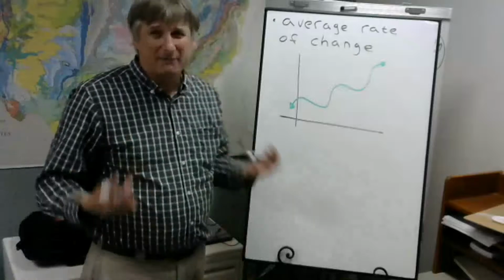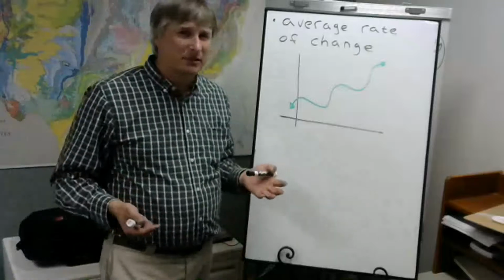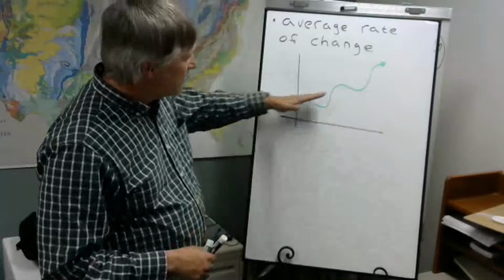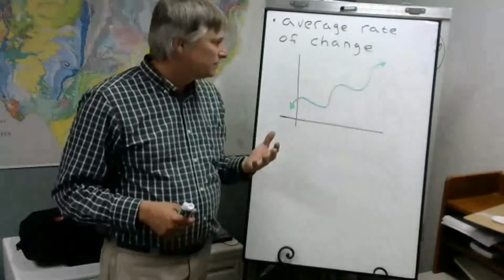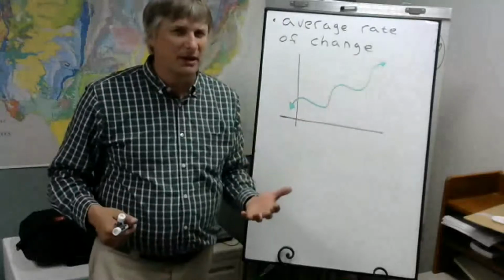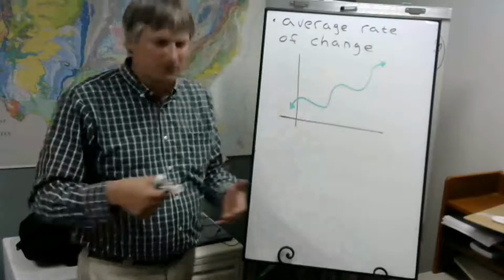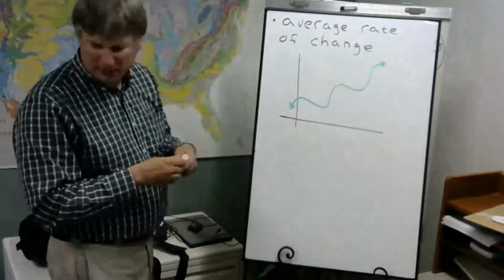So we just want kind of an average slope. What we mean by an average slope is, if you're going to draw a line through this portion of the curve, what would be the slope of that line? That's what we mean by the average.